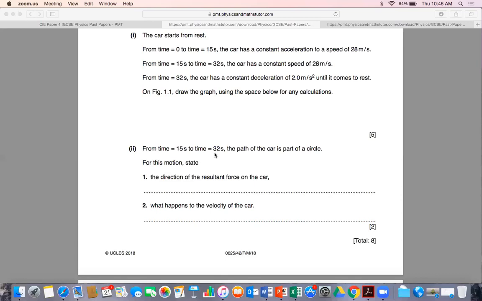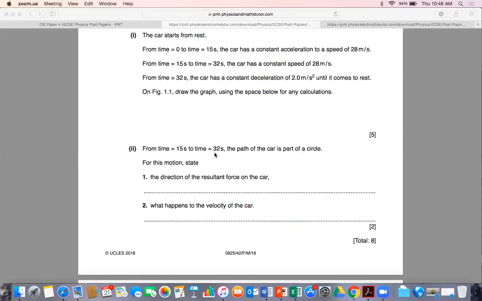Imagine you're driving a car and you're going around the roundabout. In that whole roundabout, what is changing? The direction is changing. As you go in a circle, the wheel is turning a bit to the right or left.